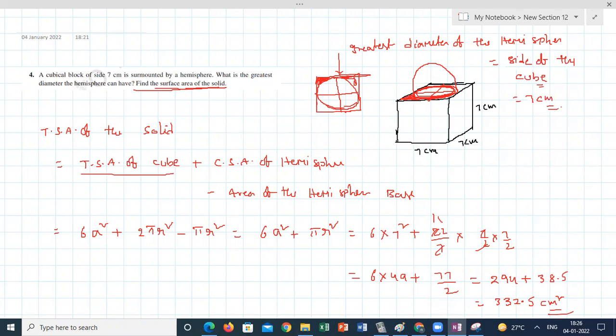You can write that by using the diagram. You have to draw the diagram and show it, then only it will be easy. Is it clear, students? Students, please respond. Is this question clear? I can move to the next question.